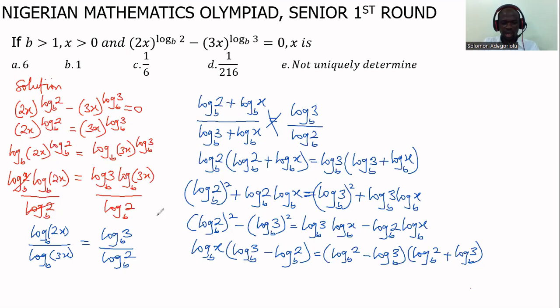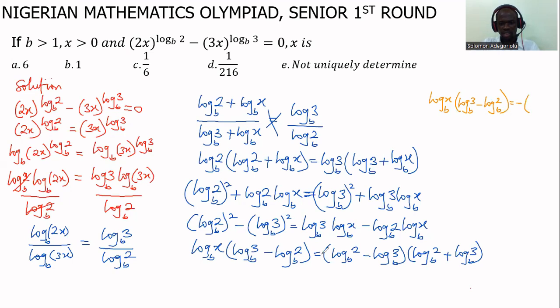At this part here, which is log x base b into bracket of log 3 base b minus log 2 base b, is equal to this other side, and I'm going to rewrite this other side. I will introduce a minus here, then open a bracket.